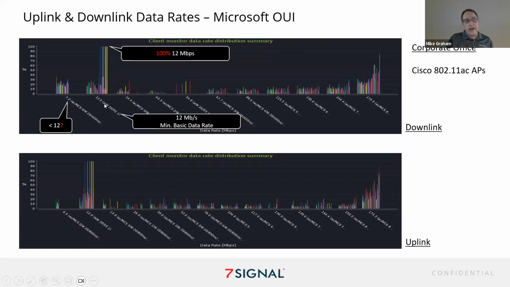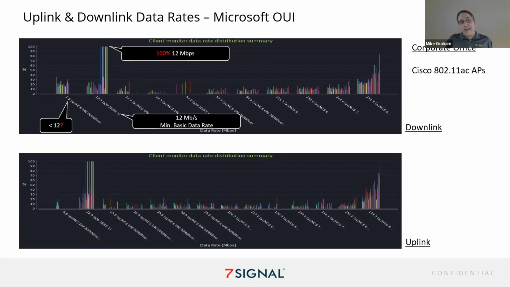They are actually running at a legacy data rate, 12 megabits, 802.11a. On this network, that is the minimum basic data rate. So that's the rate that we expect the control and the management traffic to travel on the network, and not necessarily the rate that we really expect the data to travel.